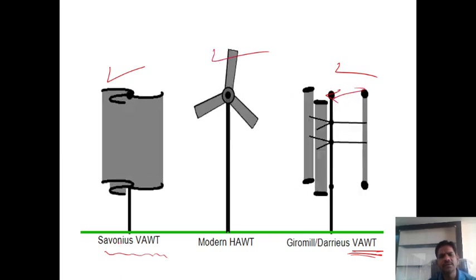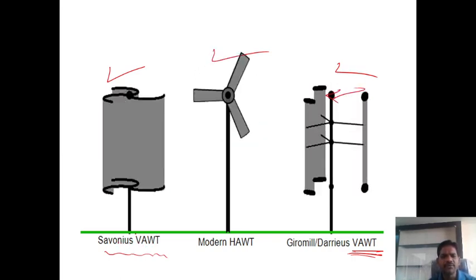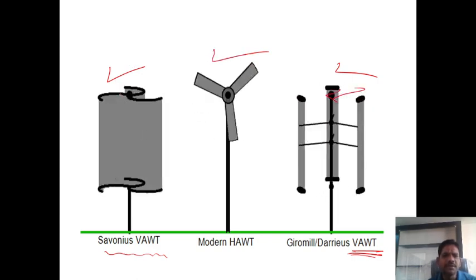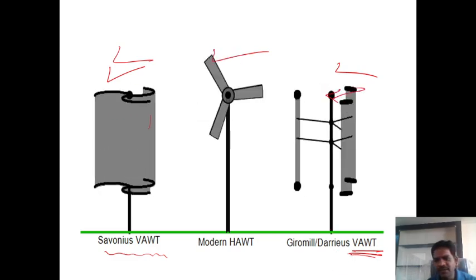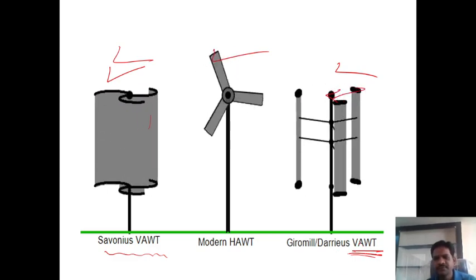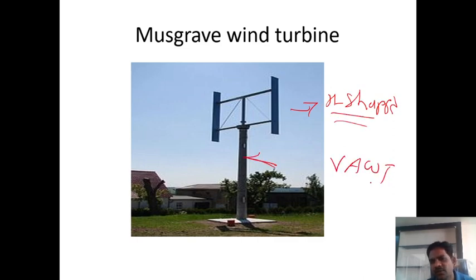That is called the Savonius vertical axis wind turbine. Why is it called Savonius? Because the shape of the blade is S shape. This is the Darrieus vertical axis wind turbine. This is the Musgrove wind turbine, or H shape vertical axis wind turbine.